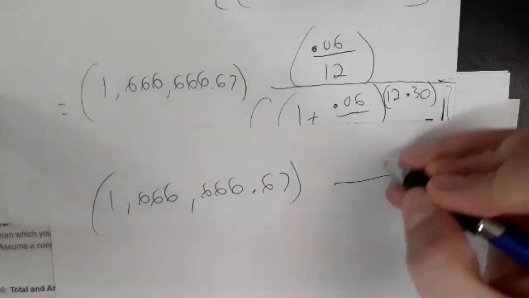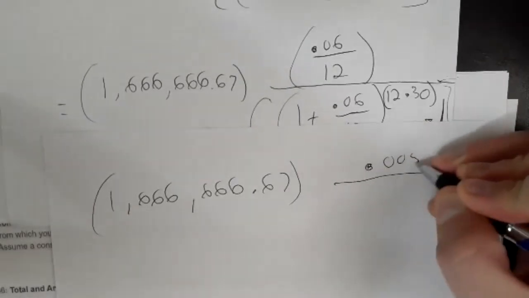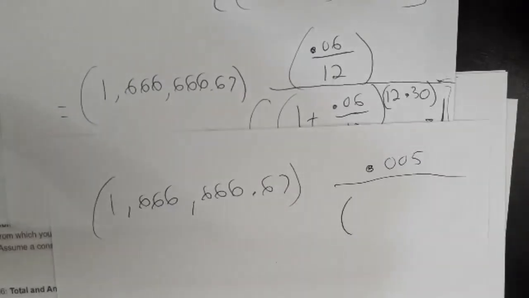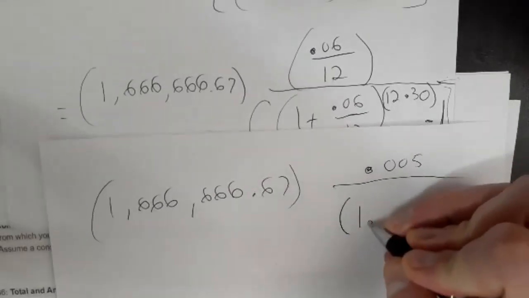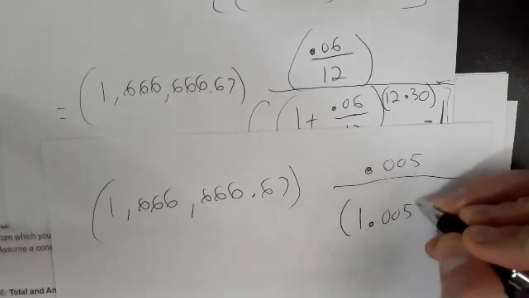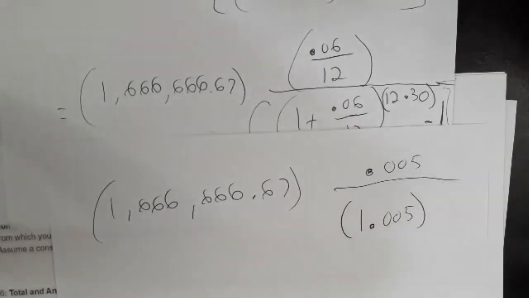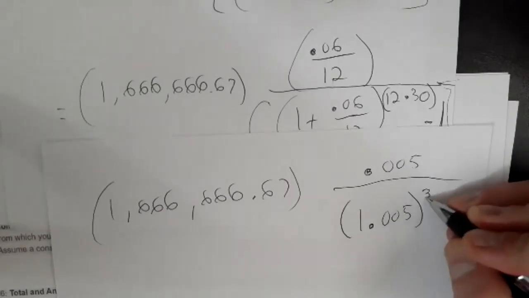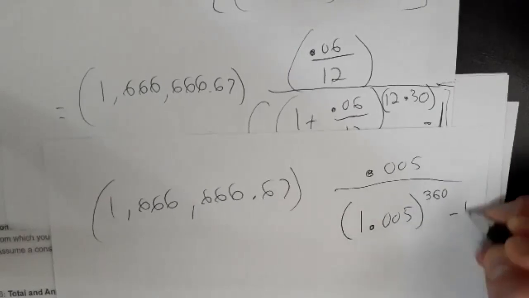If we divide 0.06 over 12, that gives me 0.005. If I add 1 to it, I get 1.005. What's the exponent on that now? 12 times 30, 360. And then I subtract 1.